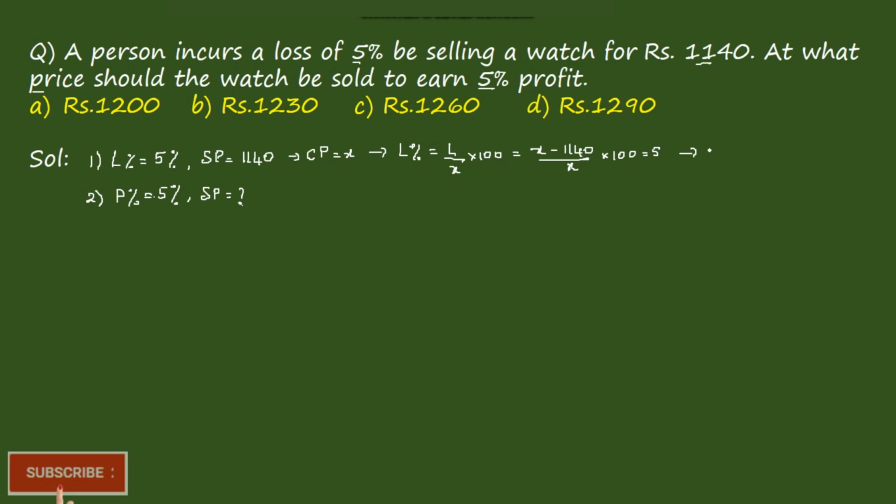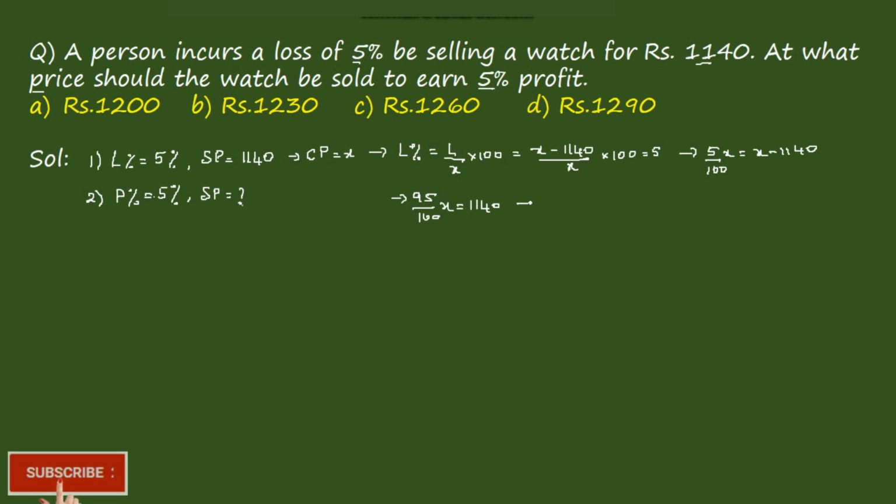So just substitute it, we get 5 by 100 X is equal to X minus 1140. Which implies we get 95 by 100 X is equal to 1140.